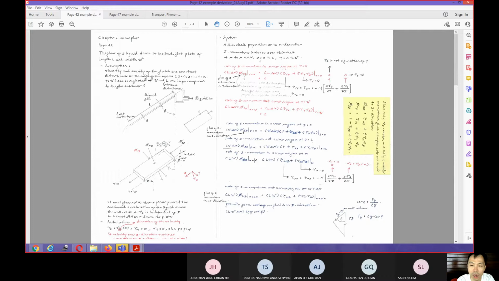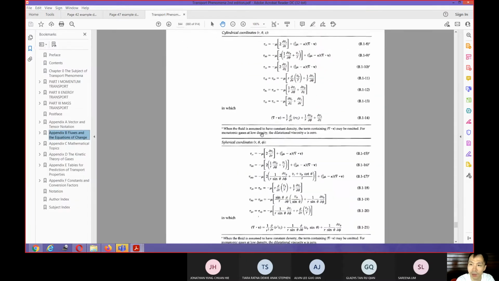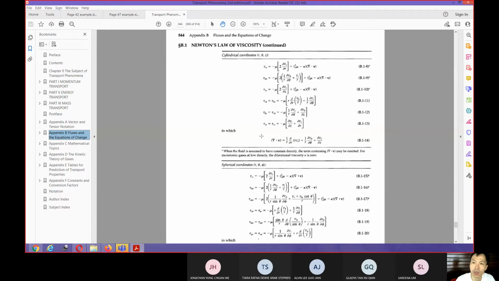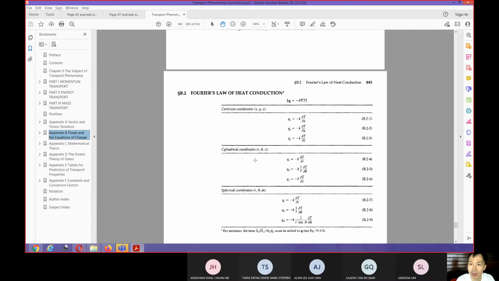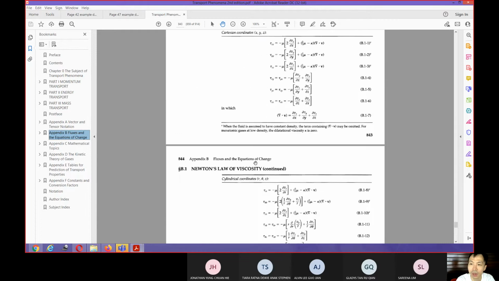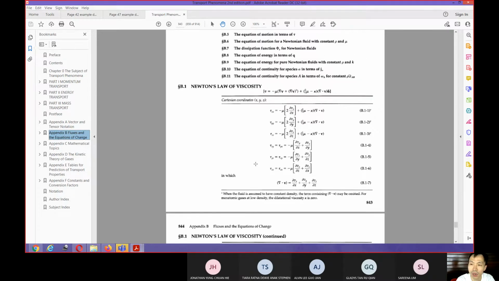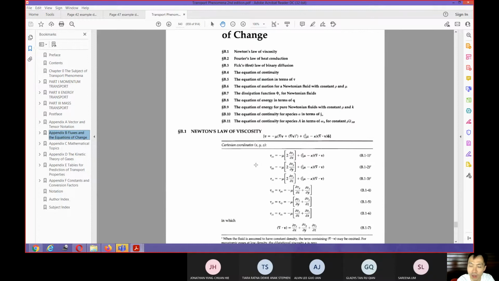We showed what molecular momentum transport is, the convective momentum transport, and then the combined momentum transport, and then we went through all the notations, especially the derivations of Newton's law of viscosity for the different coordinates: cylindrical coordinates and spherical coordinates.